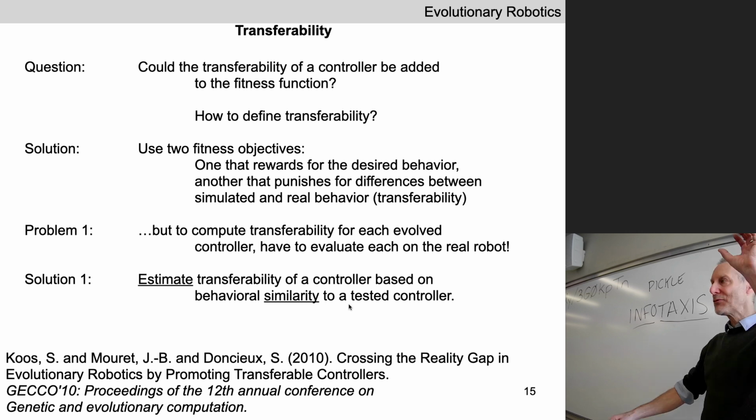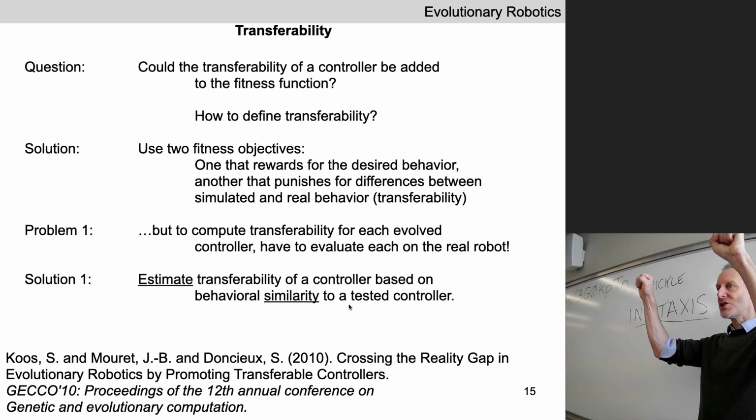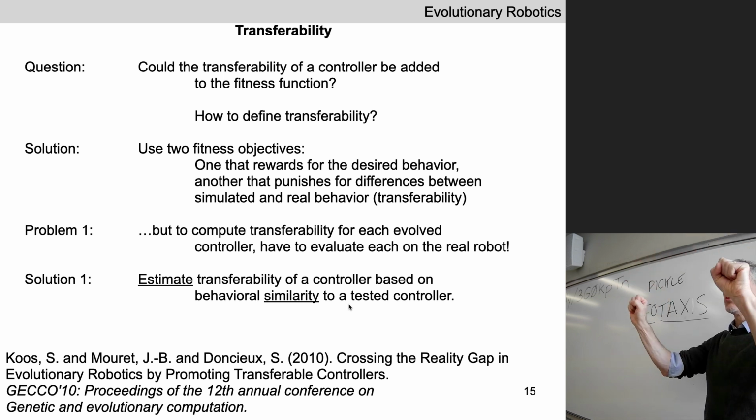So what does it mean for controller I and controller J? What does behavioral similarity between them mean? It means we run controller I on the simulated robot, run controller J on the same simulated robot, and then compare the behaviors, those two behaviors resulting. The more similar that behavior, the more similar the controllers.